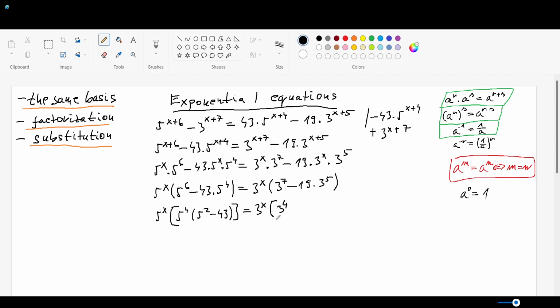But as I want to teach you something new and clever, I'm gonna do it like this. So then we will have 3 to the power of 3, take away 19 times 3, because 3 to the power of 4 times 3 is 3 to the power of 5, and 3 to the power of 4 times 3 to the power of 3 is 3 to the power of 7.